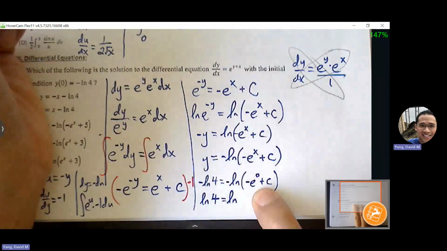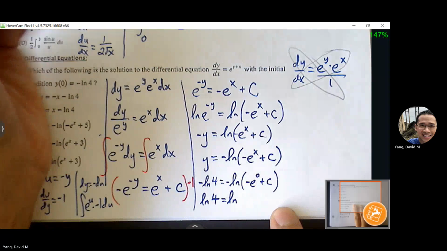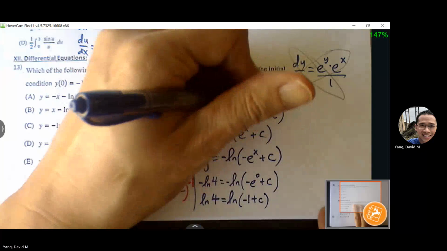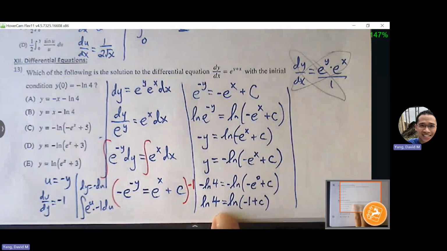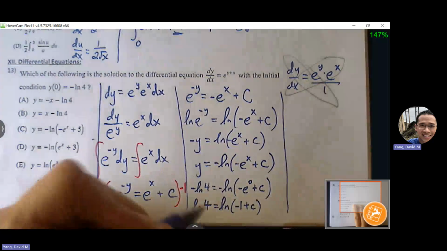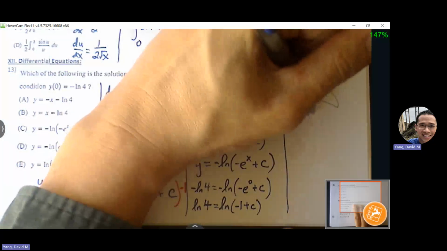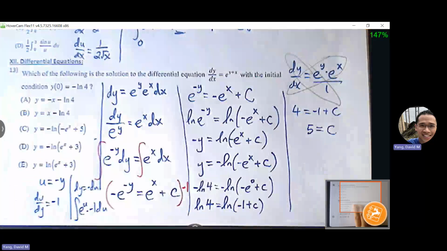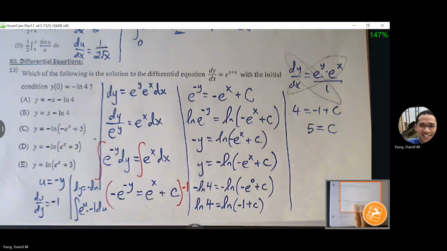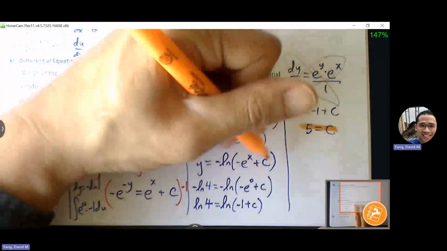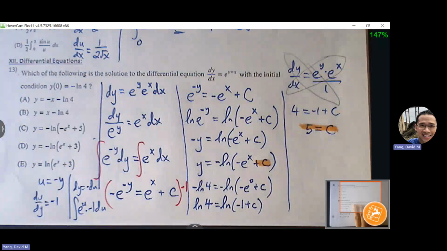And then we know negative e to the 0 is negative 1. These are both natural log, so natural log equals natural log. You can just drop the natural logs and then solve for c. So I'm going to say 4 is equal to negative 1 plus c. So c is equal to 5. Now that I have c equals 5, I'm going to insert it back into my general equation.